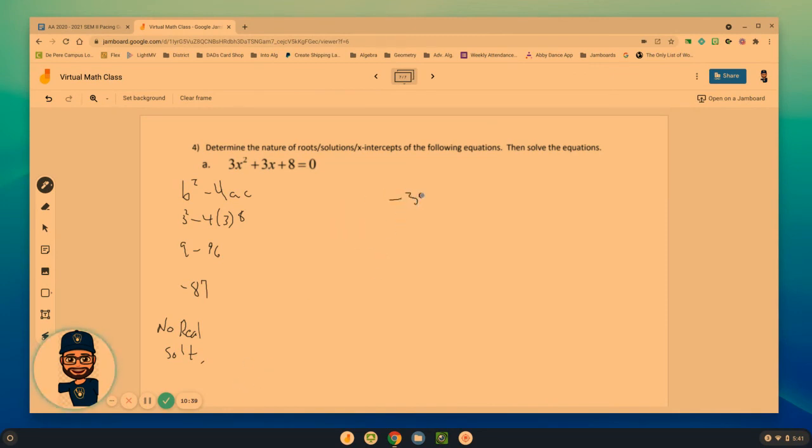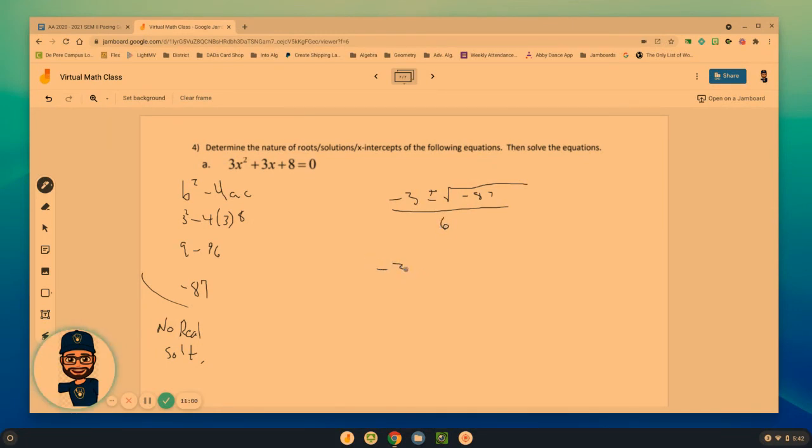The opposite of b plus or minus the square root of b squared minus 4ac. But we already did that. That's right here. So I can put that negative 87 underneath right away because we already evaluated that, all over twice a, which is 2 times 3, or 6.